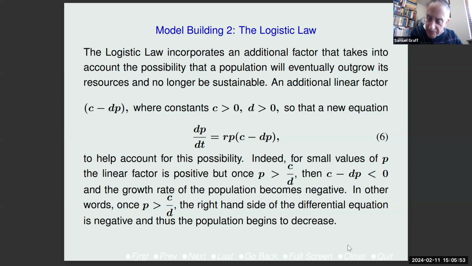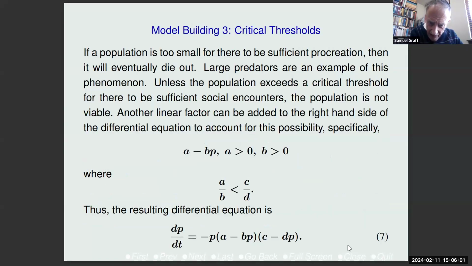So, okay, they're kind of satisfied with that, but you can make the model a little more complicated, because if you think of the very large predators, and most students are familiar with this, even though I teach in the heart of Midtown Manhattan, take grizzly bears, rhinoceros, tigers, and so on and so forth.